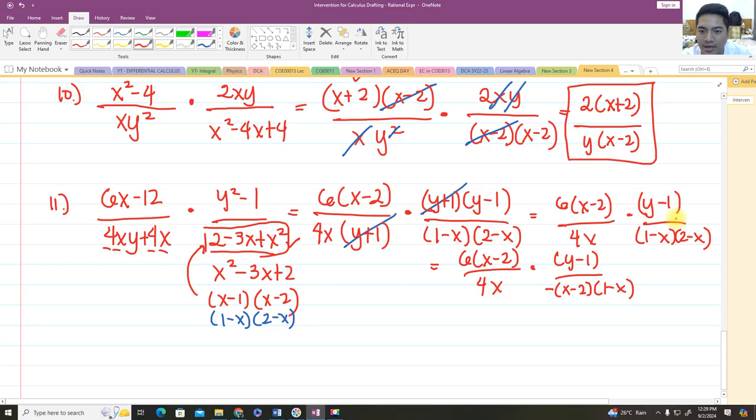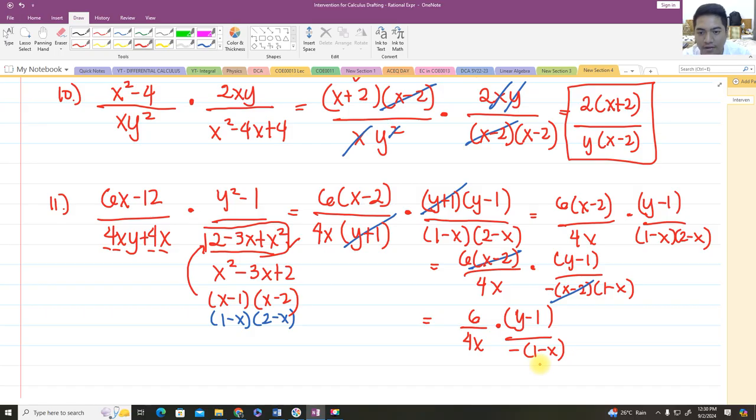Alright, so I hope that's clear. So now we can cancel x minus 2 and x minus 2 here. So we now have 6 all over 4x, multiplied by y minus 1 all over negative of 1 minus x. Alright, so that's how it should be.